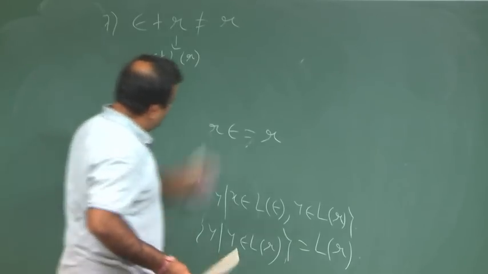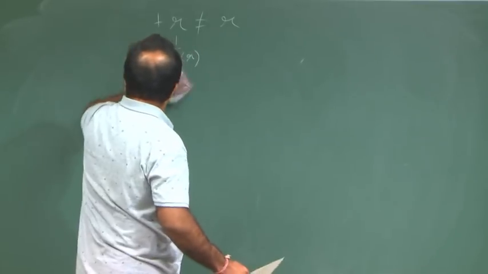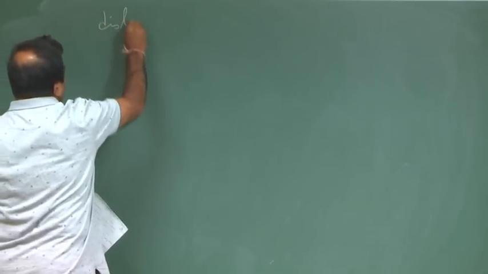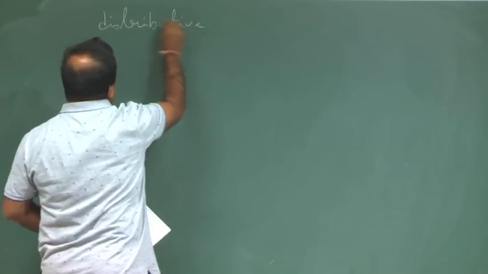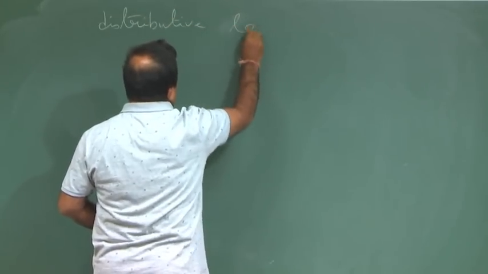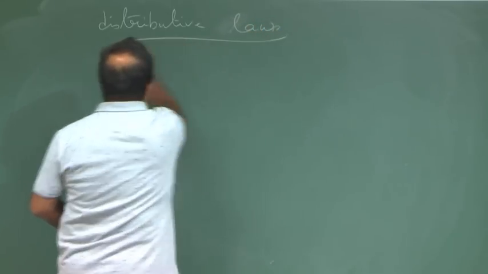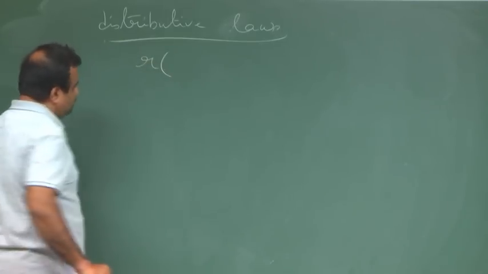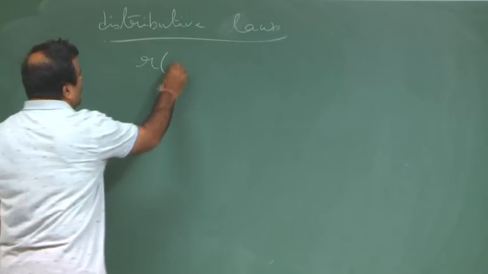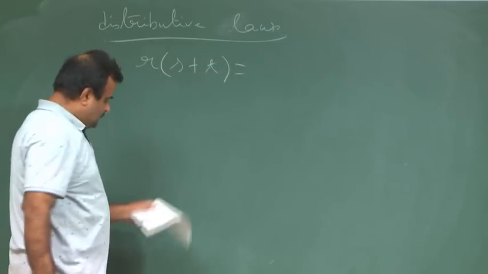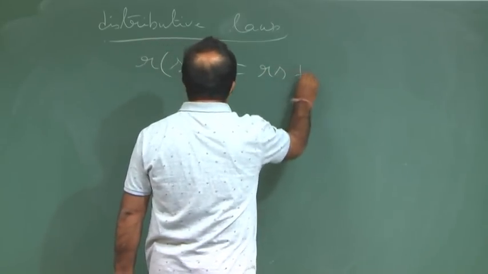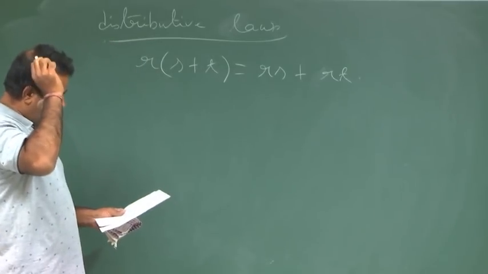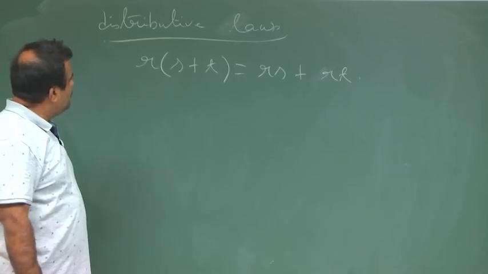Okay, now we talk about the distributive law. This is the left distributive law: R times S plus T is equal to RS plus RT. This we can also easily verify.